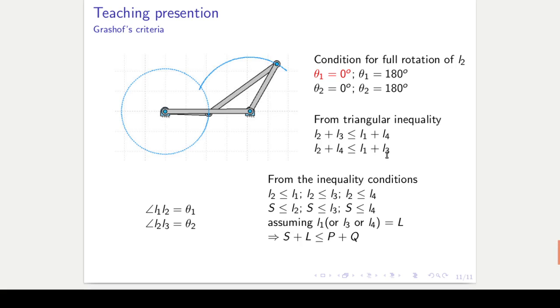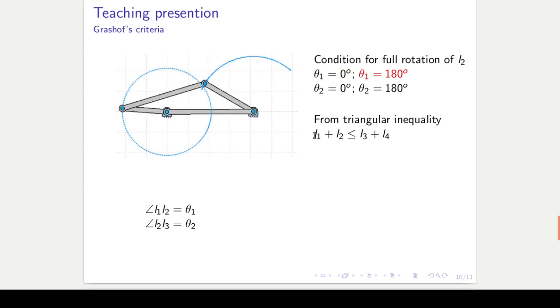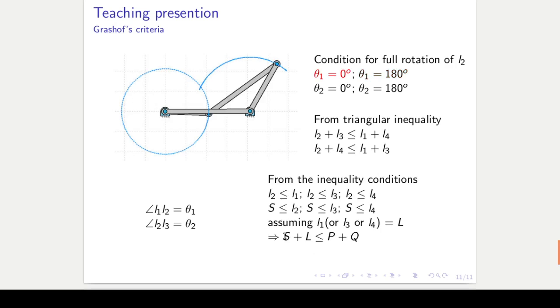If I replace any two links, I will again obtain the same set of equations. So if I assume L1 as the largest, then using this inequality condition, I obtain a relation that the length of the smallest plus the length of the largest should be less than or equal to the sum of the lengths of the remaining two links.